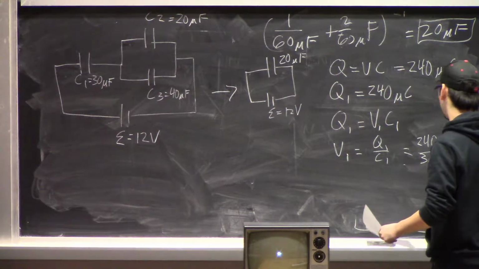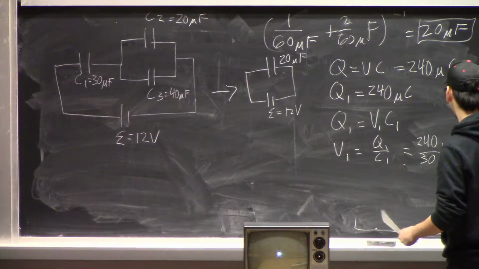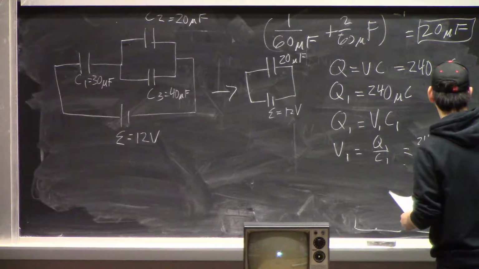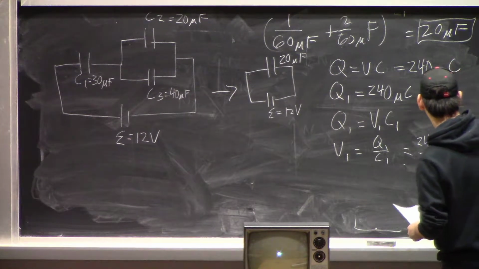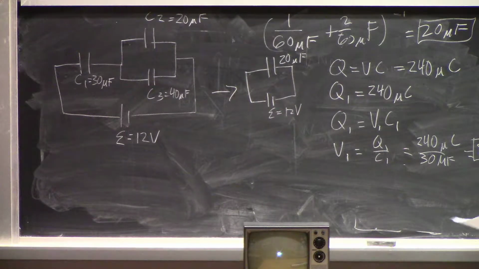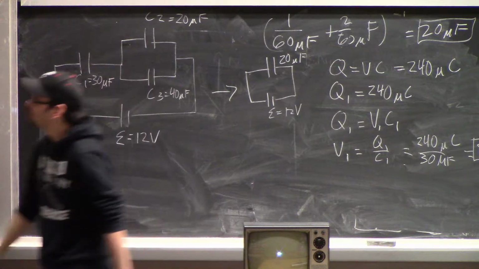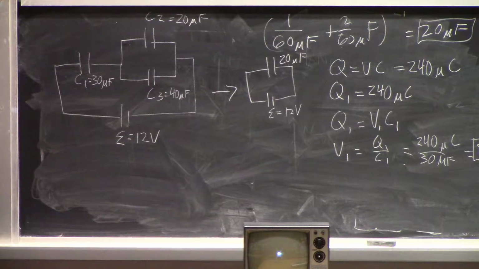This is 30 microfarads, and so this is going to be equal to 8 volts. Okay. So then the next thing we ask is what is the voltage across C2, which is also the voltage across C3.